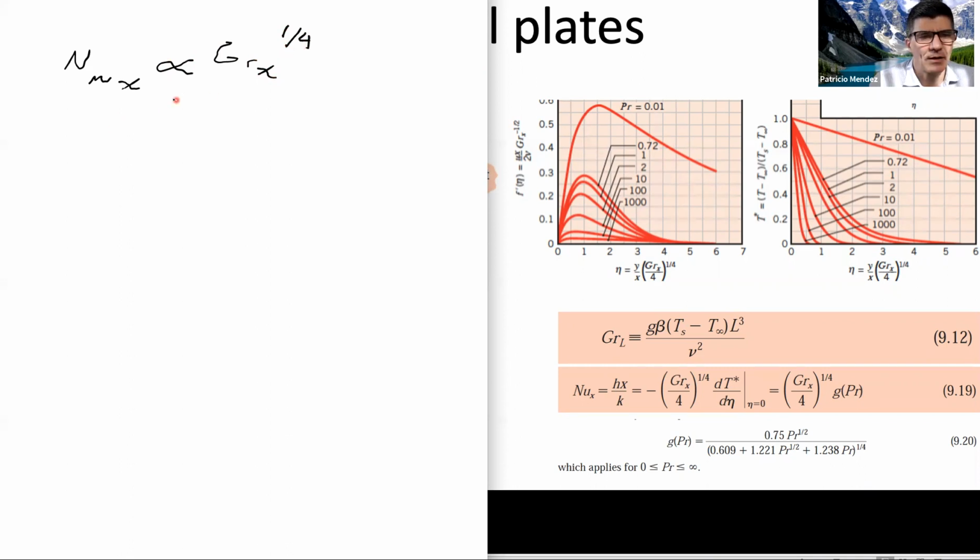And we knew that Grashof of x was proportional to x cubed. So we have Nusselt of x is proportional to x to the 3/4.